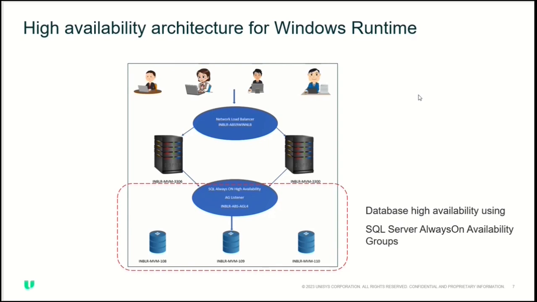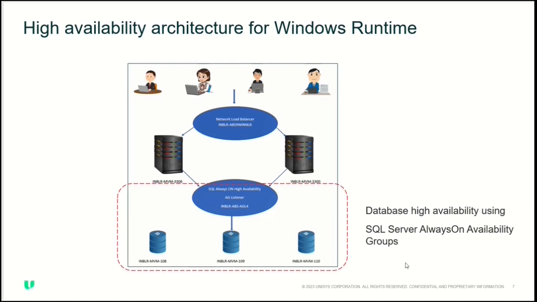In this setup, we have three database servers, namely INPLR MVM 108, 109, and 110. We have installed standalone SQL Server on all these three servers. Then we have created an availability group and joined all these three servers as availability replicas.